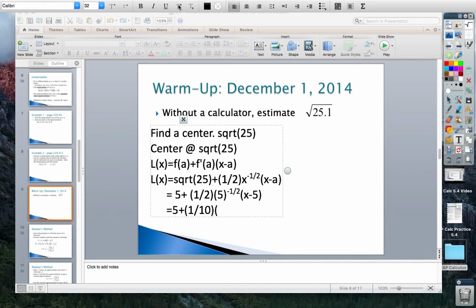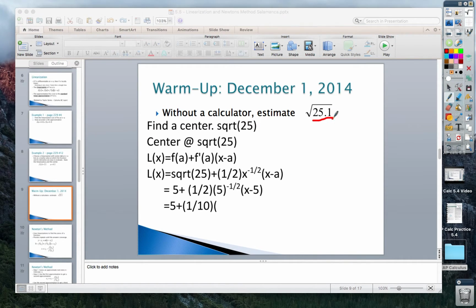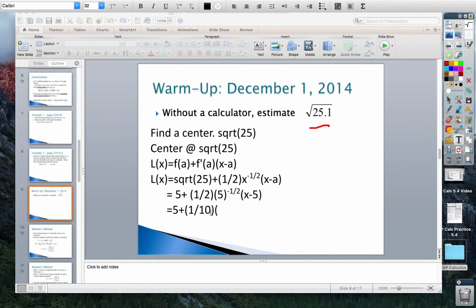Now, notice our x value is the original number, so the 25.1. So now we're going to substitute this in and say 25.1 minus 25. Sorry, this should have been 25 too.